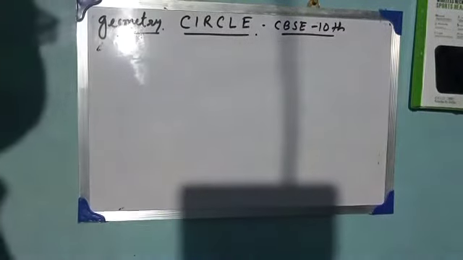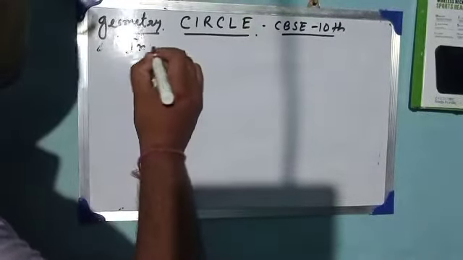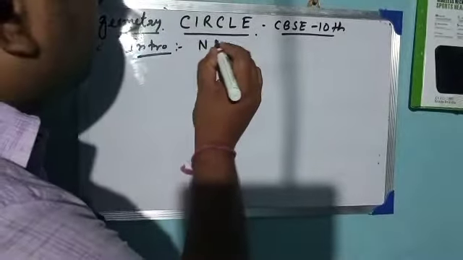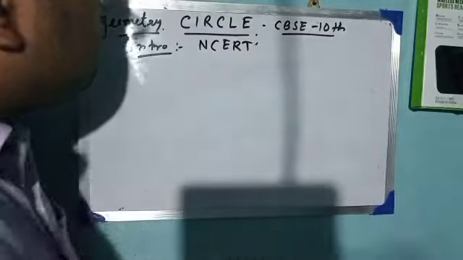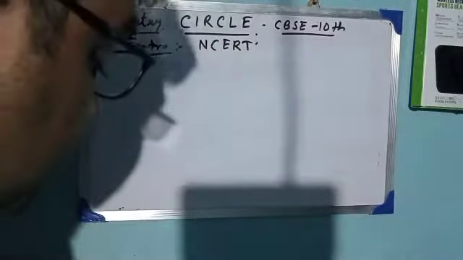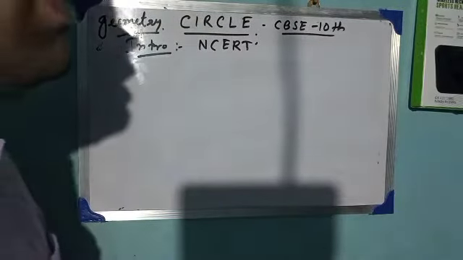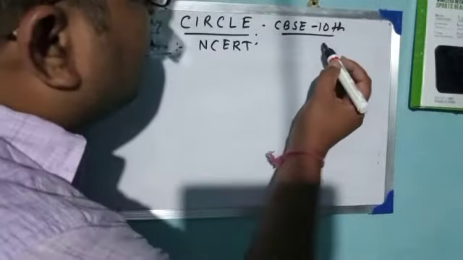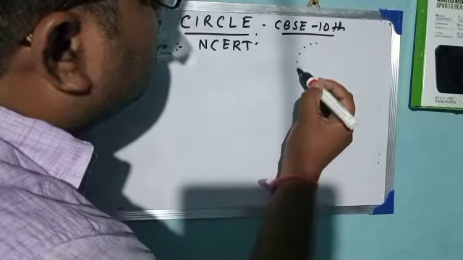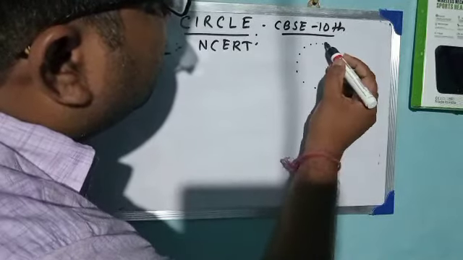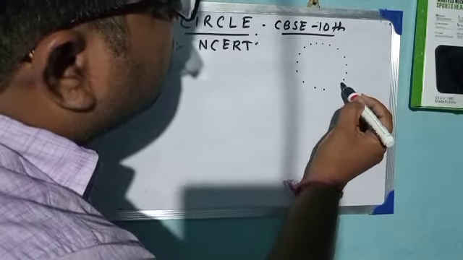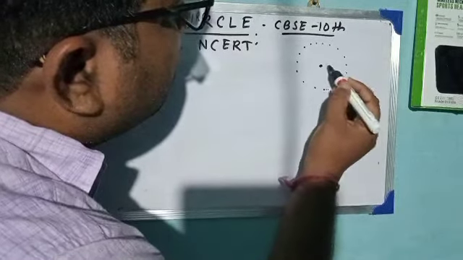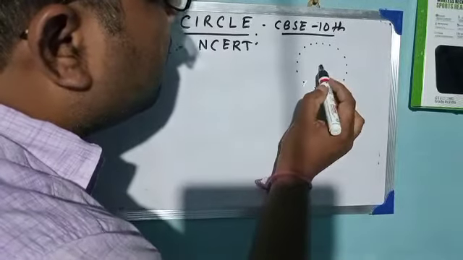In the introduction in the NCERT book, it is given that we have earlier learned in class 9 that a circle is a collection of points which are equidistant from a certain point.